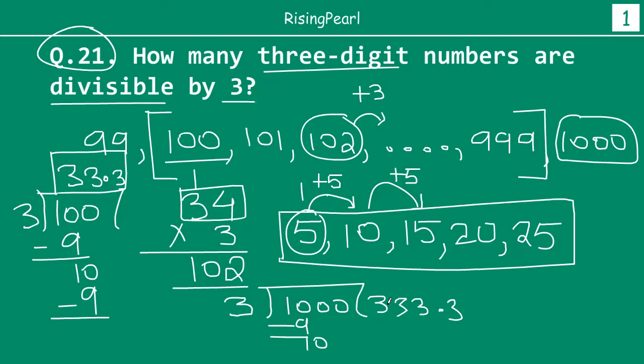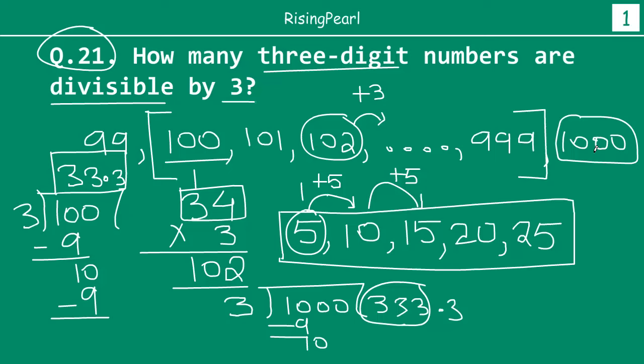In order to find the largest 3-digit number which is divisible by 3, we take the numerical part before the decimal and multiply this by 3, because when we divide 1000 by 3, we realize the quotient is 333.3.